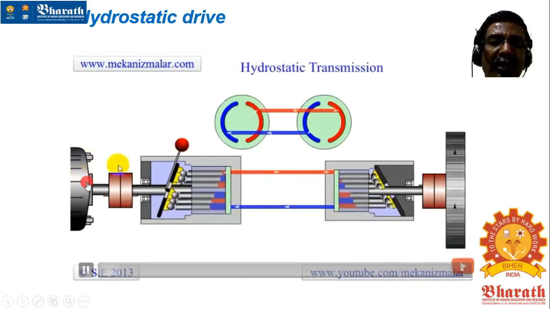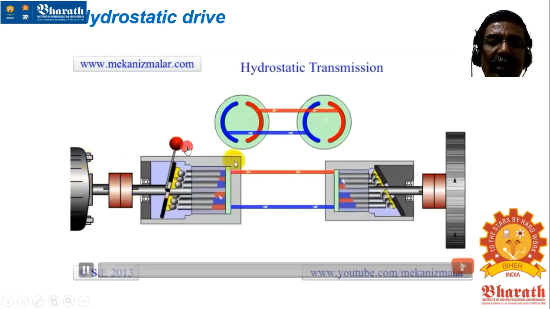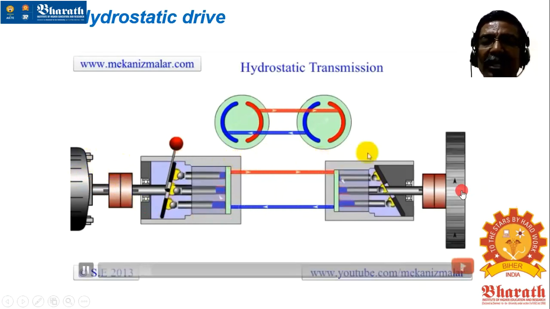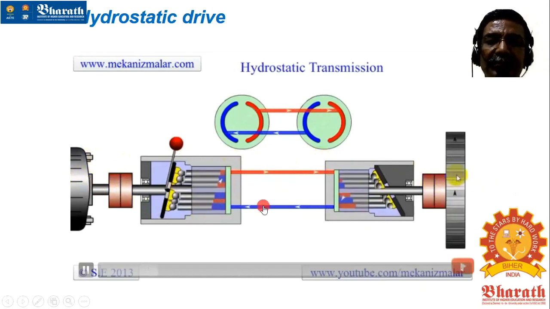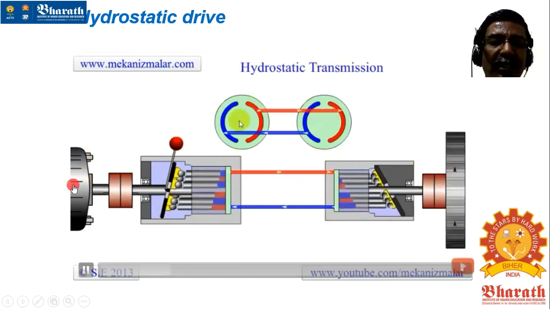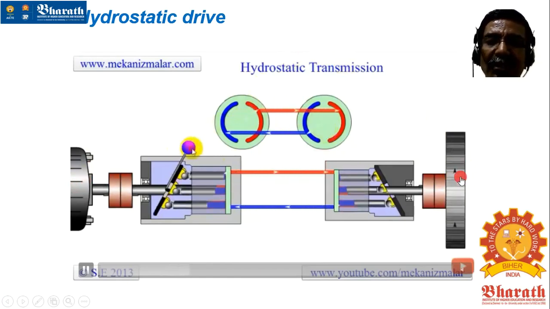Now you see the input shaft rotates. All this swash plate is rotating. Now I am changing the angle, varying the angle. Depending on the variation of angle, the output speed will be varied. Now you see the circulation is in the clockwise direction. If this is clockwise, this is also clockwise. Input speed is clockwise, means output speed is also clockwise.